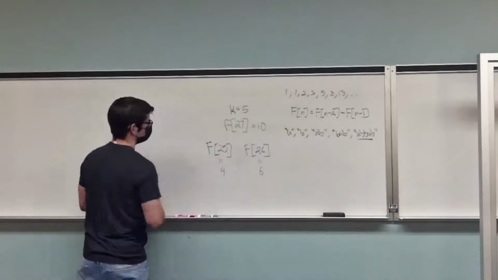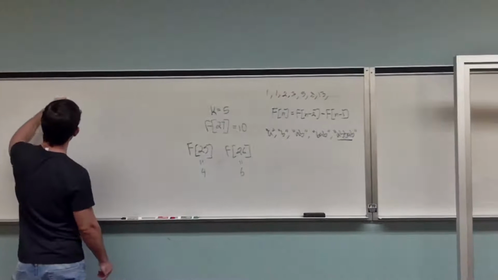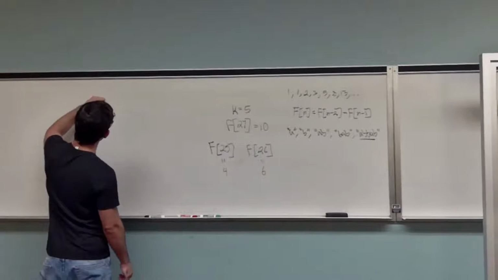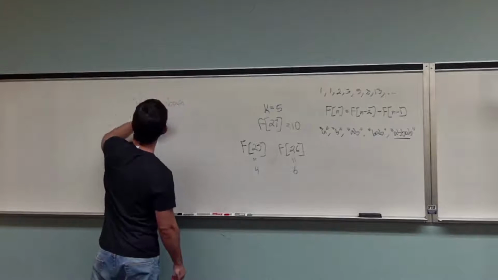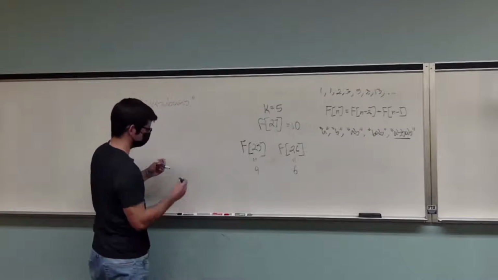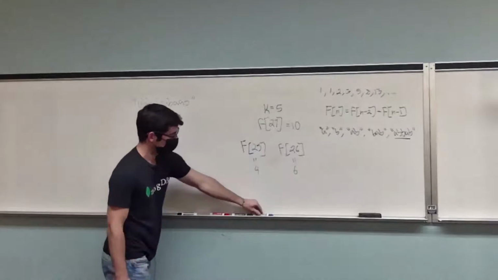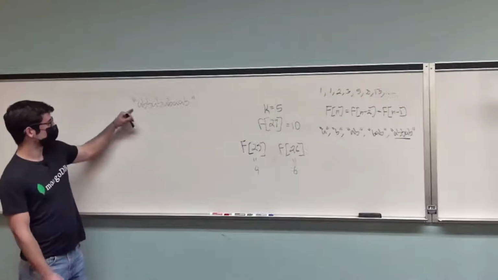All right, so let's go back to this. Let's say we have A, B, B, A, B. If we're not looking at numbers, we're only looking at the strings. Let's say this was a string.